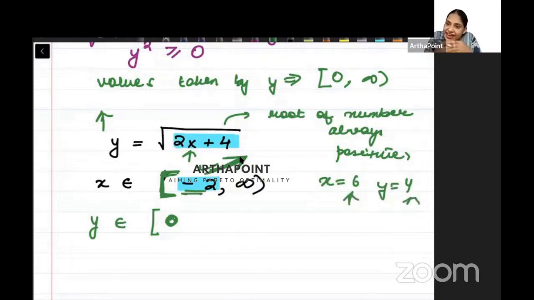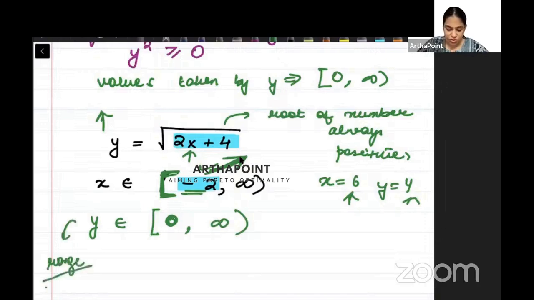So as x increases its value from -2 to infinity, y will also take higher and higher values, and it will go between 0 to infinity. So the range of this function will be 0 to infinity. समझे? ठीक है.